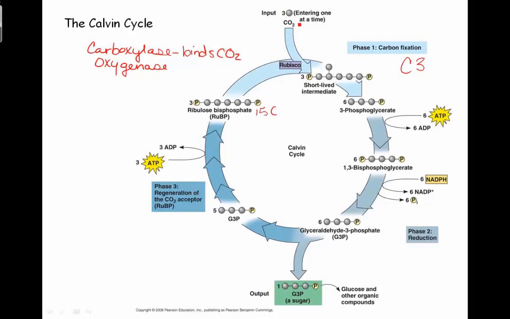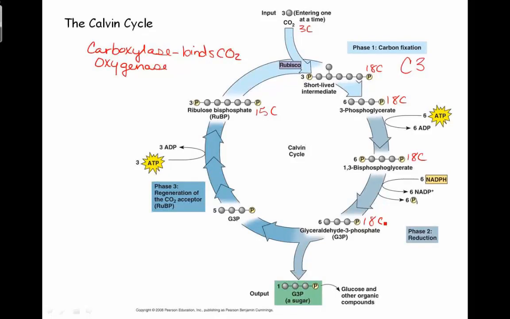We're going to add to that 3 carbons with our 3 carbon dioxides that we add to each of those. So we're taking 15 carbons plus 3 carbons, and we're going to end up with 3 6-carbon molecules, which is 18 carbons. We'll split all of those into 3 carbon molecules. So we've got 6 3-carbon molecules, which is still 18 carbons.